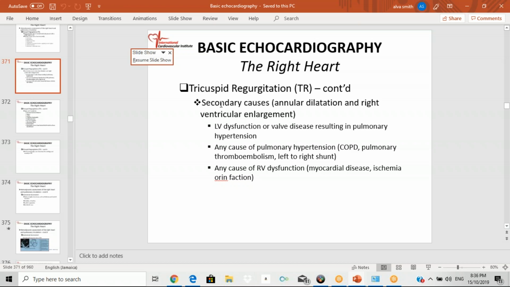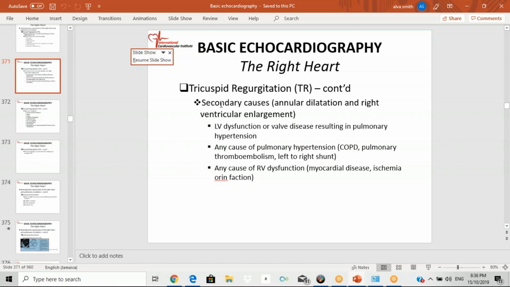If the annulus of the tricuspid valve apparatus is pulled apart, then the valve is not going to co-opt properly, so you get leakage. Or it could be an increase in back pressure from pulmonary hypertension, and that's fairly common.